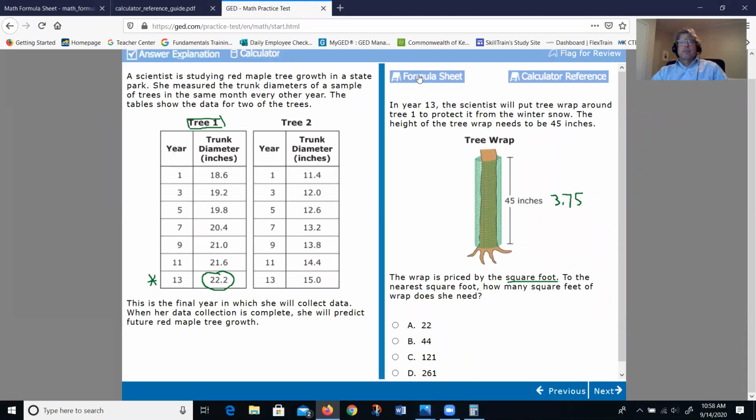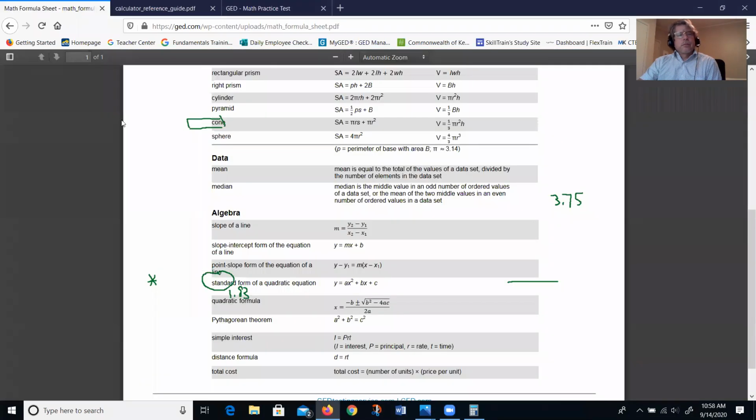So we end up with this is now going to be like this 1.83 feet. Now, what I pick up now is we have some information, but notice that we're talking about a cylinder. And we're talking about area of a cylinder. So this is surface area. So using our formula sheet, we pick up on that for the cylinder.